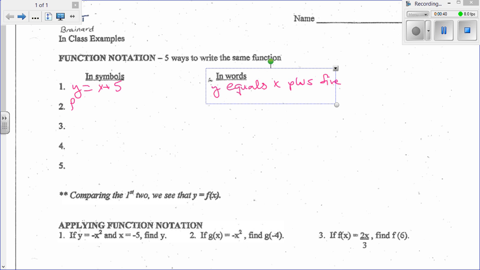I can have f of x equals x plus 5. And in words, it means function f of x equals x plus 5.